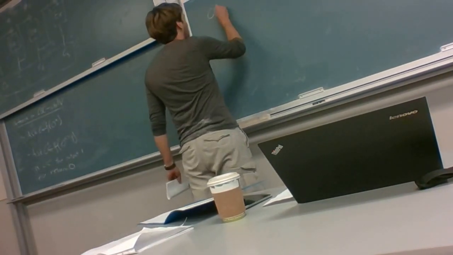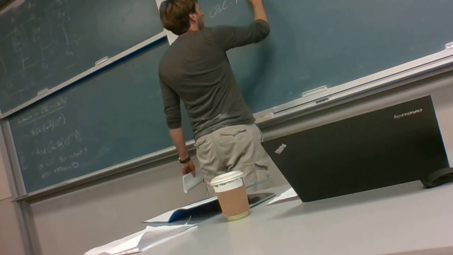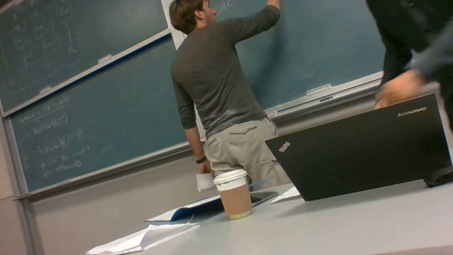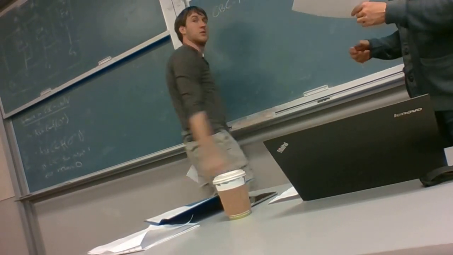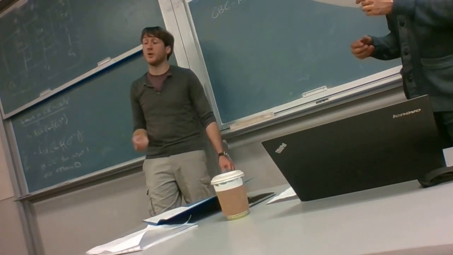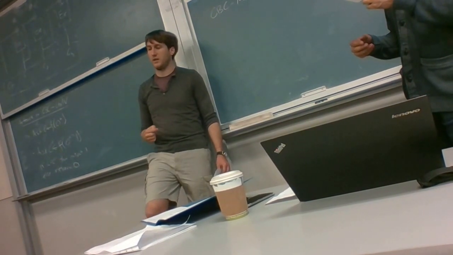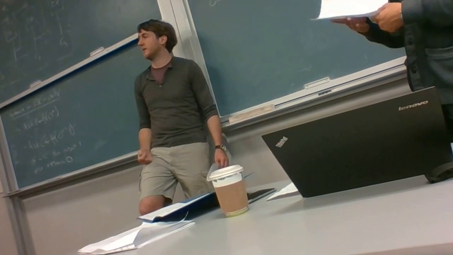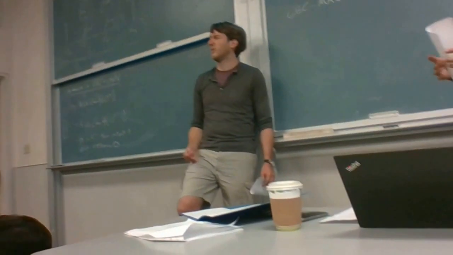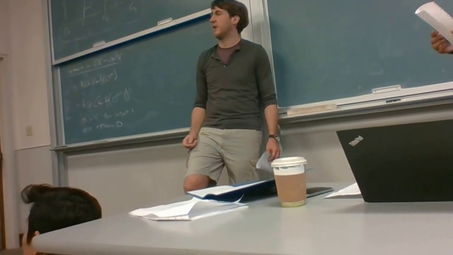CBC MAC works. What does it mean for this thing to work? What is the security notion we're talking about for MACs? Authenticity? Yeah, but what does authenticity mean? What is the experiment that we give the adversary?